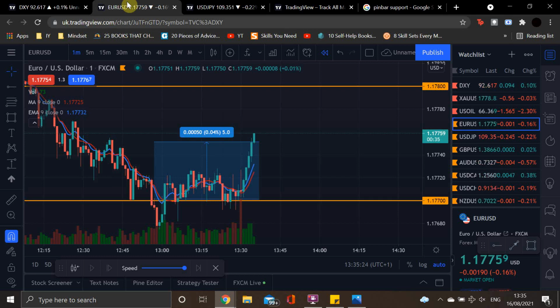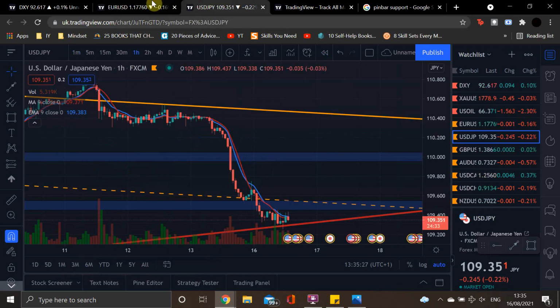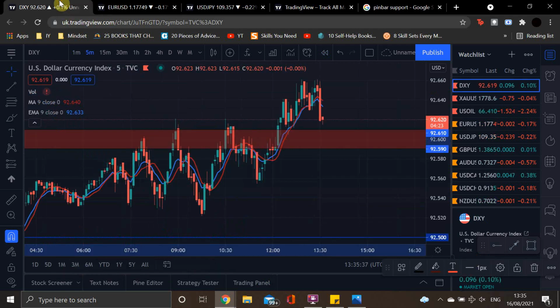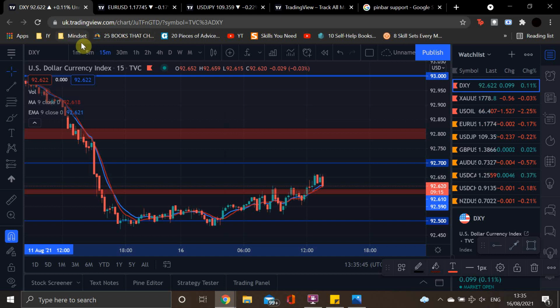It's really, really pushing up. I don't know if I'm a scalper because I get very discouraged if it doesn't go in my favor.